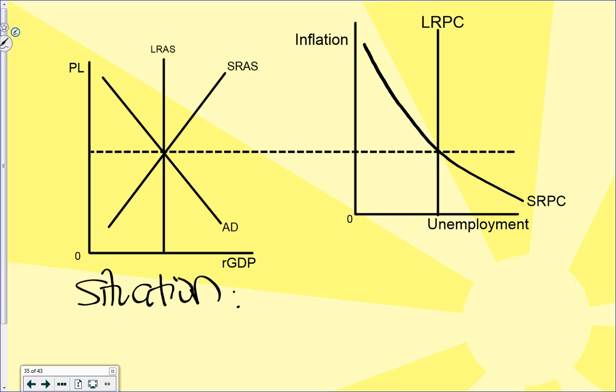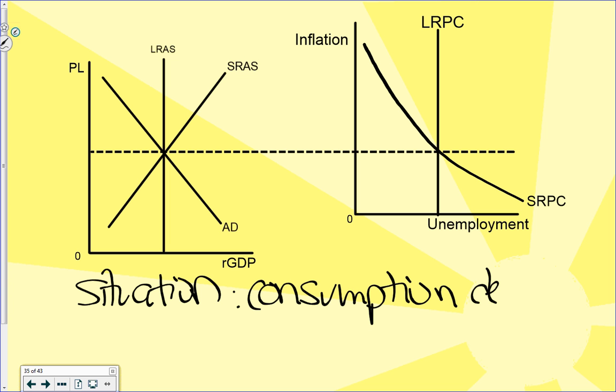Just give me any scenario. A lack of consumption. Consumption goes down. Love it. Simple. Correct. Consumption decreases, and aggregate demand shifts to the left.